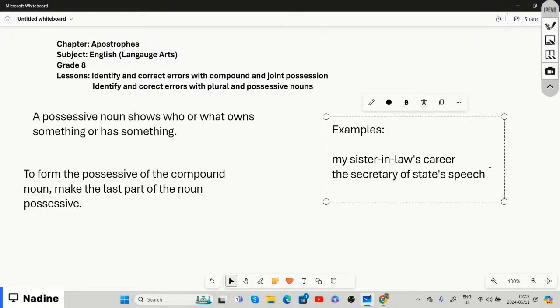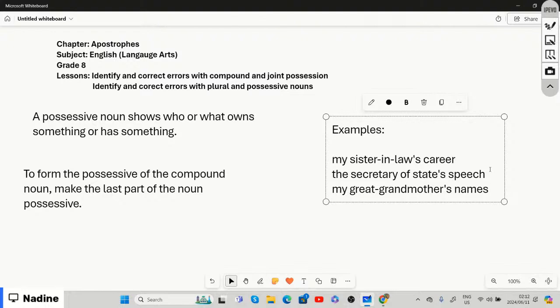If we look at another example where we are talking about compound nouns, and we need to make the last part of that noun possessive, we can say great-grandmother, because that is also almost like a joining word. So if we want to talk about her name, we say my great-grandmother's name, or names.